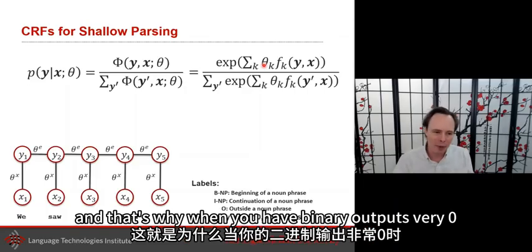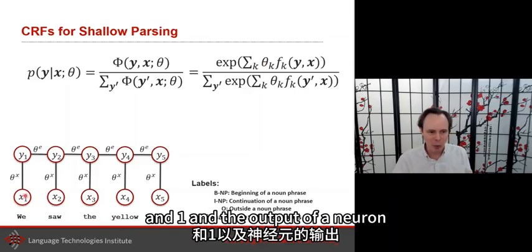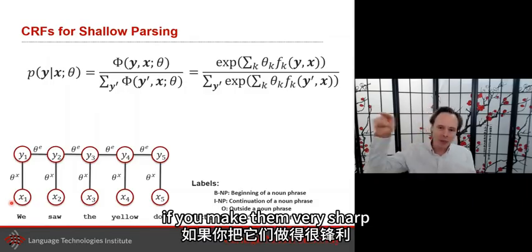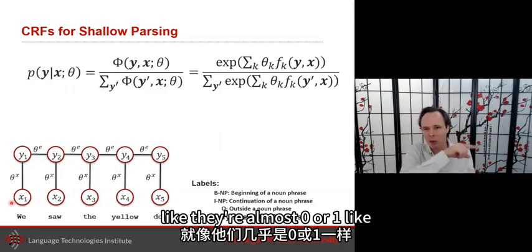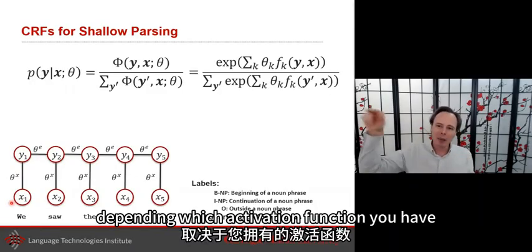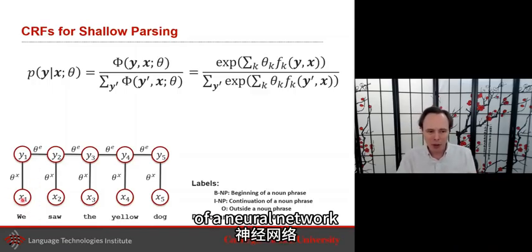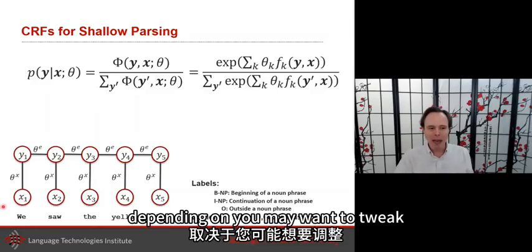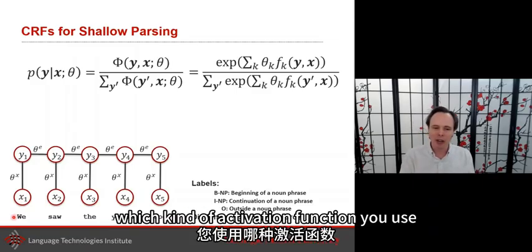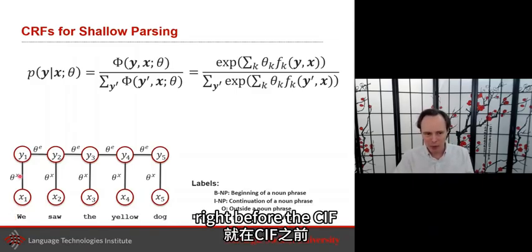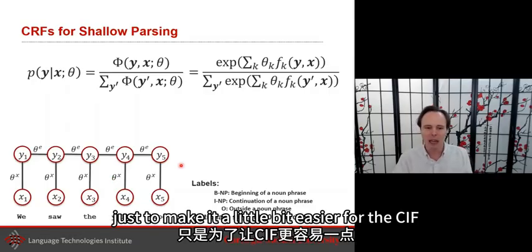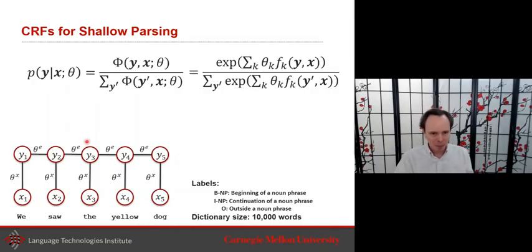That's why, when you have a binary output, very 0 and 1, and the output of a neuron, if you make them very sharp, almost 0 or 1, depending on which activation function you have, it makes sense that you could use the output of a neural network. Depending on what you want to tweak, which kind of activation function you use right before the CRF, it can make things a little bit easier for the CRF.